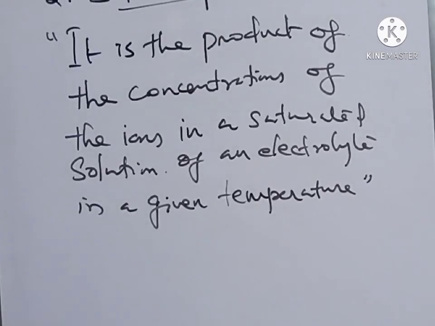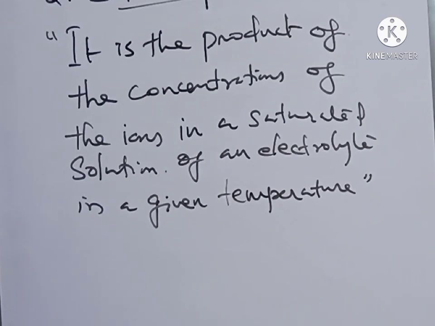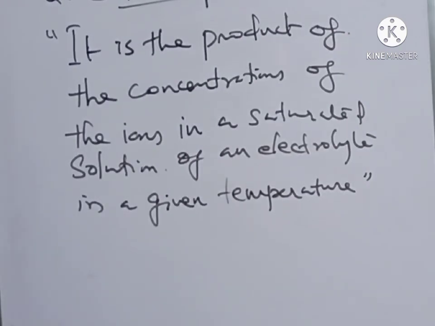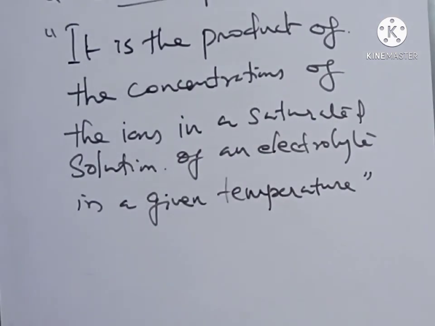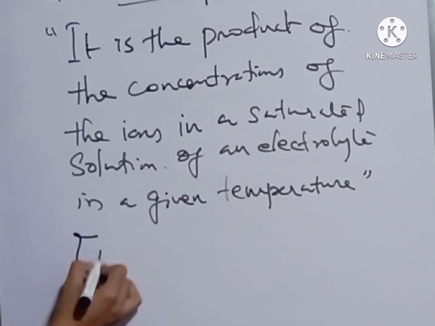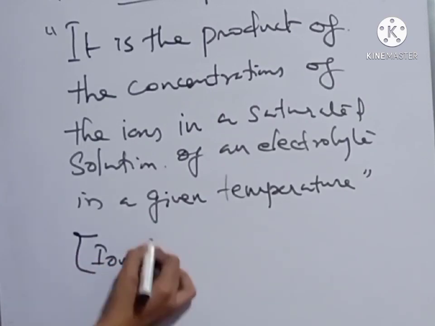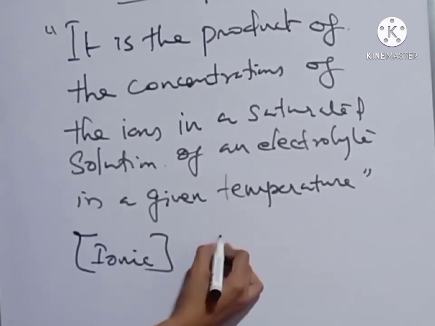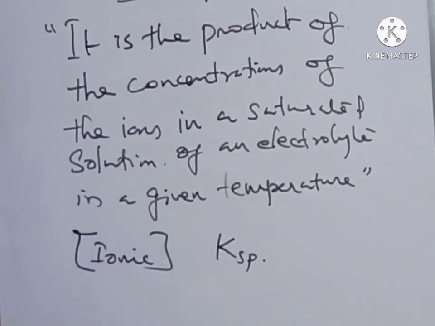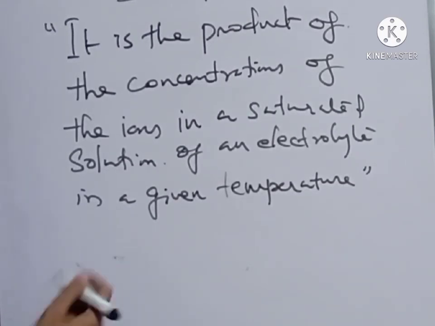And one more thing we have to know when we study solubility product is the conditions in which precipitation happens. So we have to compare the ionic concentration and the solubility product to find out whether the precipitation process occurs or not.